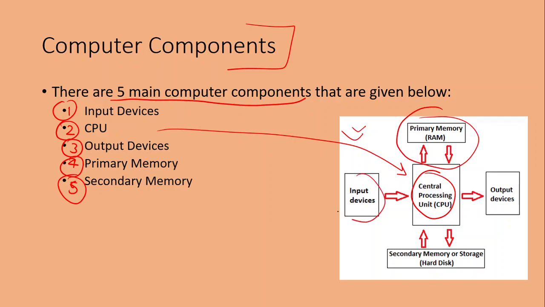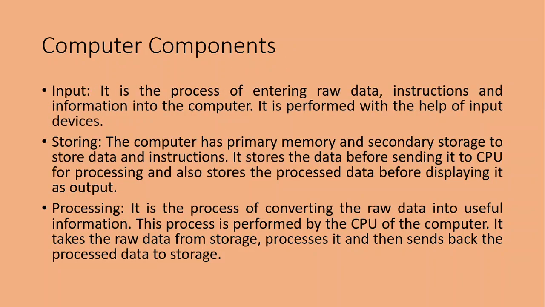Then you can see the input devices where we can provide the input information and data to the central processing unit, and output devices where you can receive the data from the central processing unit. Again, the secondary memory or the storage is shown here also, which is basically used for the data transfer towards the central processing unit. Okay, now let us talk briefly about them one by one.